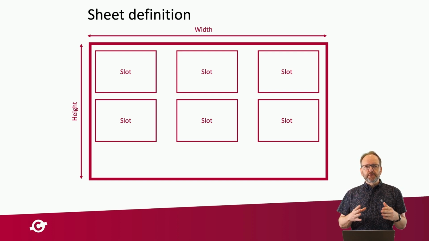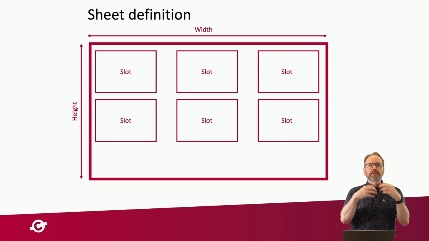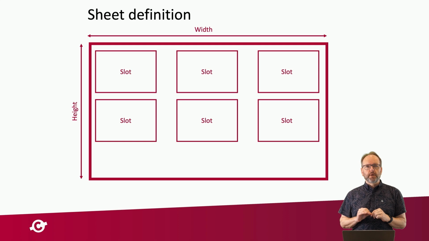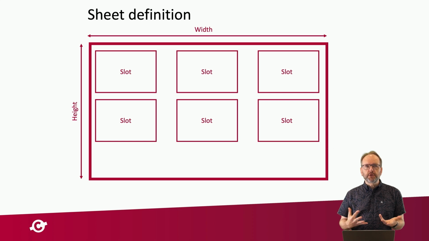And what is a slot? A slot is a rectangular area on the imposed sheet, and in that slot I can either place a page from the incoming PDF file or a simple piece of text. Right? And so what you see here on this slide would give me an imposed sheet, and that has a certain width and height controlled by the sheet definition, and it has 6 slots on it.